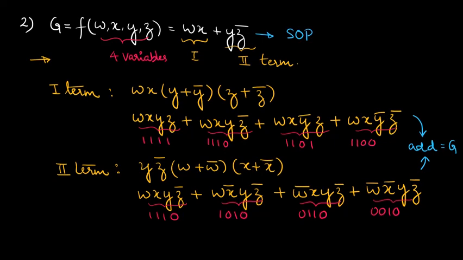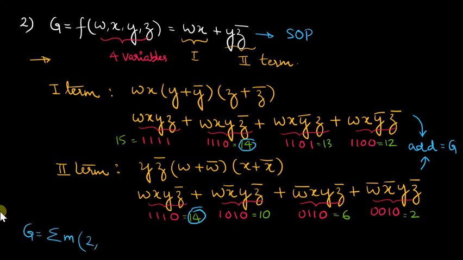I have highlighted the binary equivalent in pink color here, and I'm going to highlight the decimal equivalent in green. You can see that 14 is repeating twice, so I'm going to maintain it as a single value. So I can write this as G is equal to summation M 2, 6, 10, 12, 13, 14, 15.